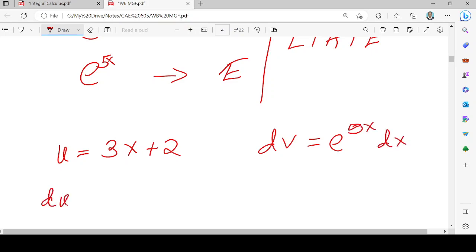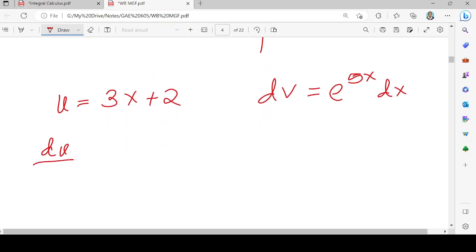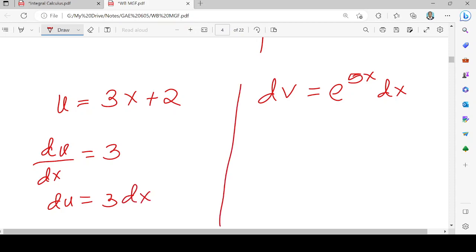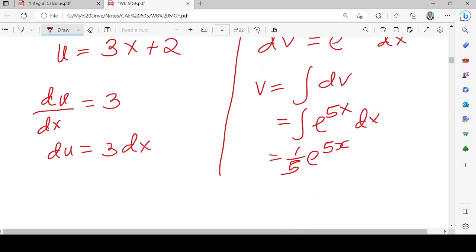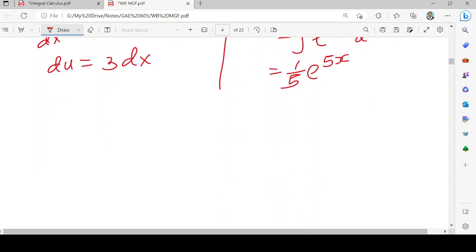So du is obtained by differentiating. du by dx is equal to 3, and therefore du becomes 3 dx. On the other hand, v is obtained by integration of dv. So we integrate e raised to power 5x with respect to x, and this becomes 1 over 5 e raised to power 5x. And again, as we said, we don't add the arbitrary constant of integration at that point.